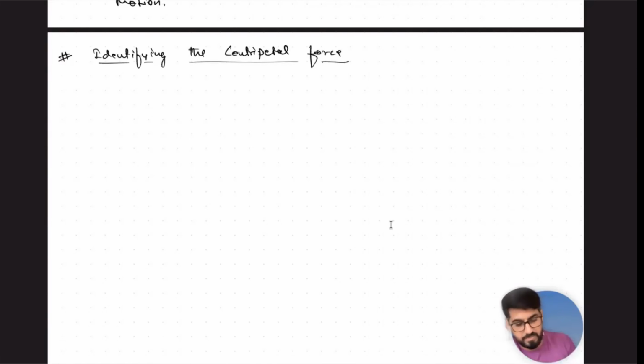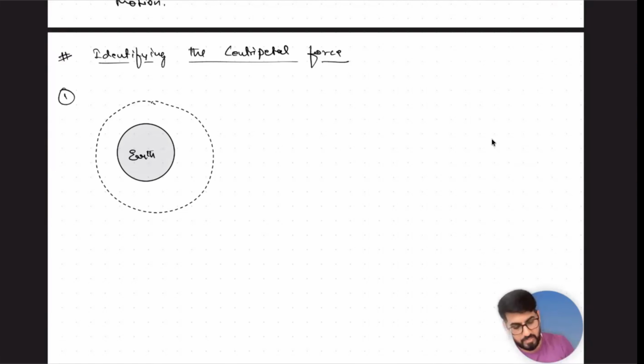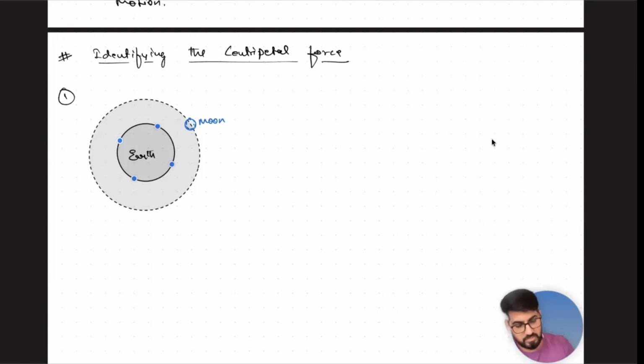I'm just discussing the common questions. You need to know these things when you apply them in your questions, but generally the questions are related to this part only. So for example, this is our planet Earth, and we know that the moon is revolving around the Earth in a fixed circular orbit. Let us say this is our moon. So what is the force acting between the Earth and the moon?